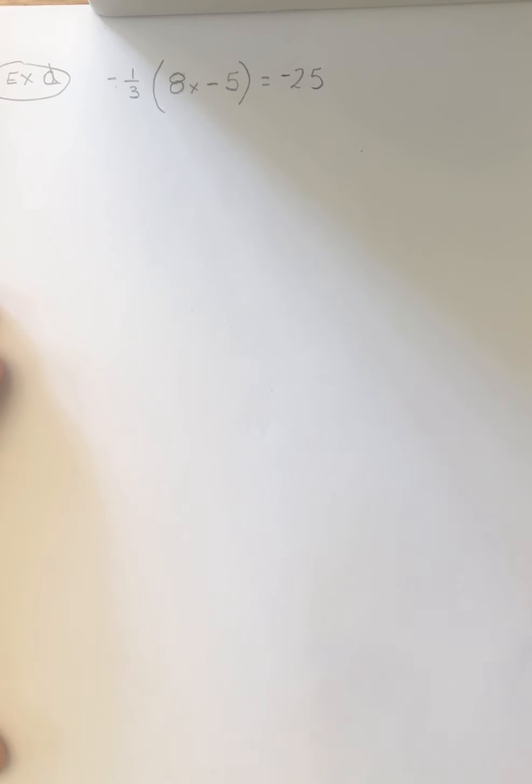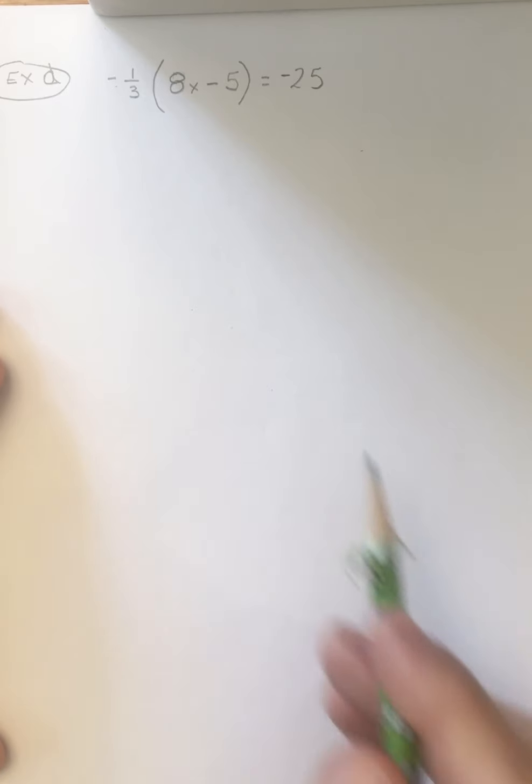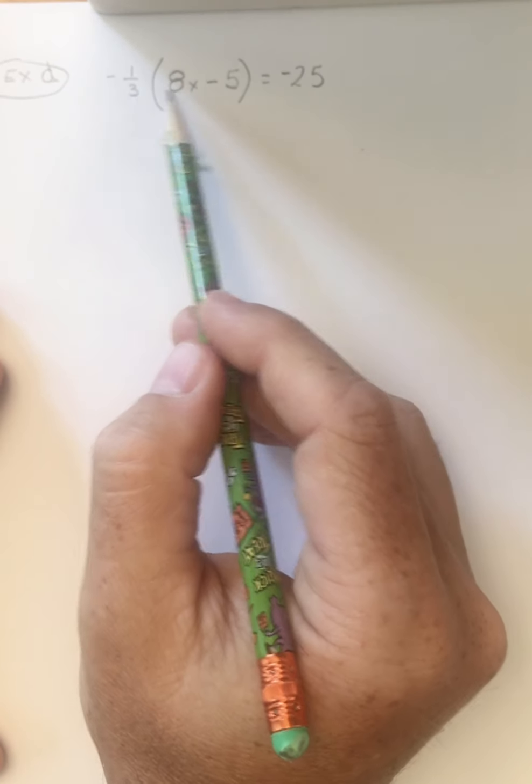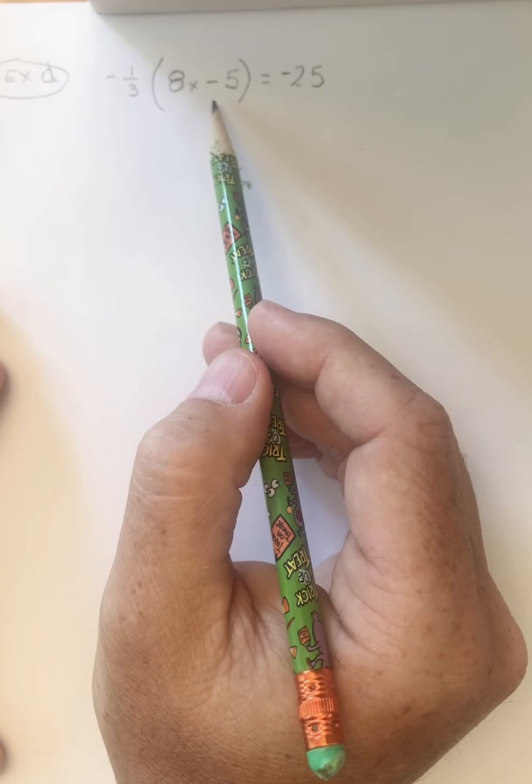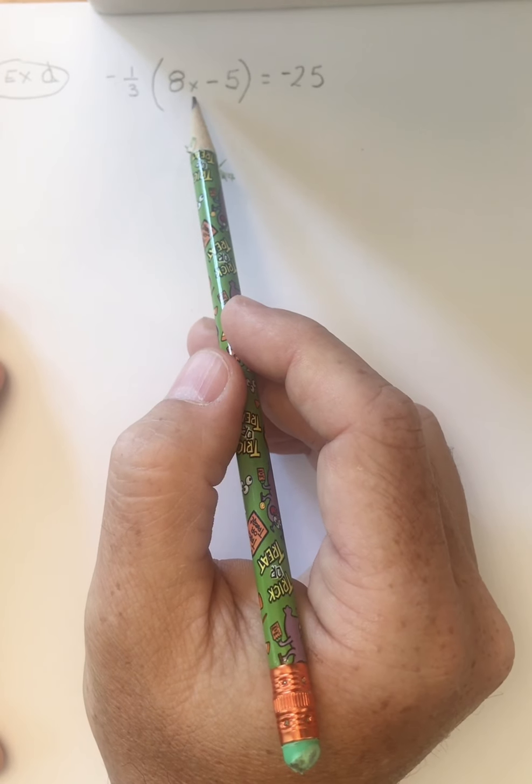Now, if I haven't convinced you yet, this is the one where clearly you're going to want to choose one way or the other. If anybody wants to distribute this in here, clearly you can see the problems they're going to come up with.